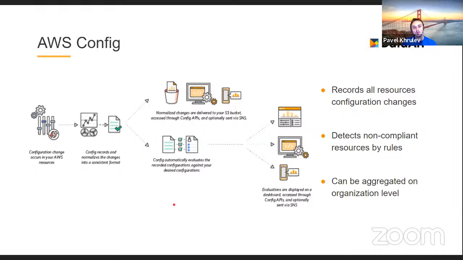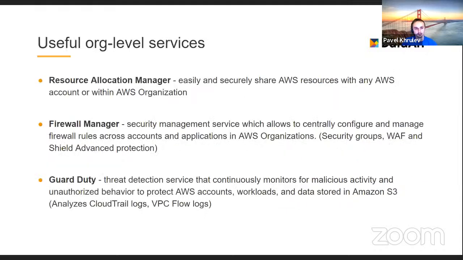All detected non-compliant resources are aggregated in the Control Tower dashboard, and if you have a rule not to create buckets with public access, you can see all these buckets in your dashboard, and you can go to account owners and say, okay, let's fix it.